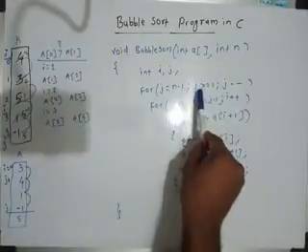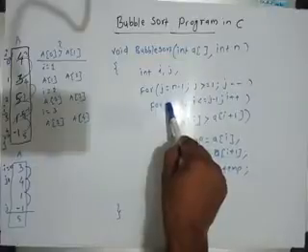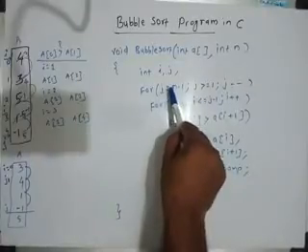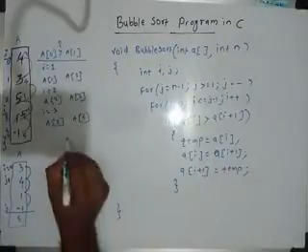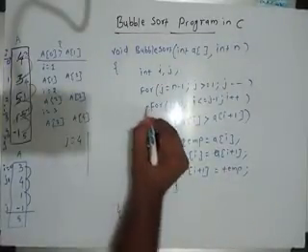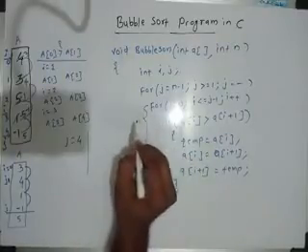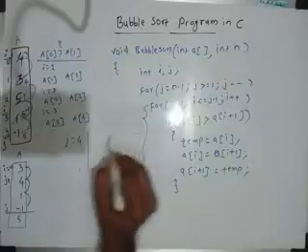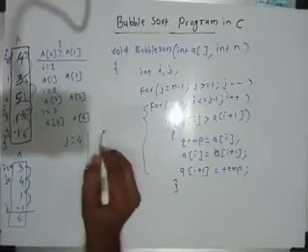Now the condition is true, and we'll execute the statements inside this for loop. When j is equal to 4, this for loop will be executed exactly j times, because there will be 4 comparisons done.